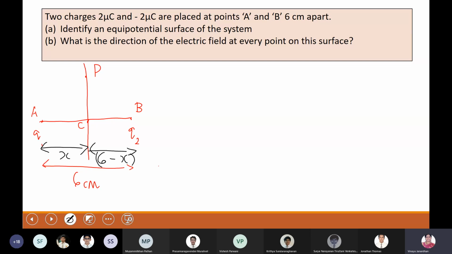See, let this be an equipotential surface. Or I can go for point C also.